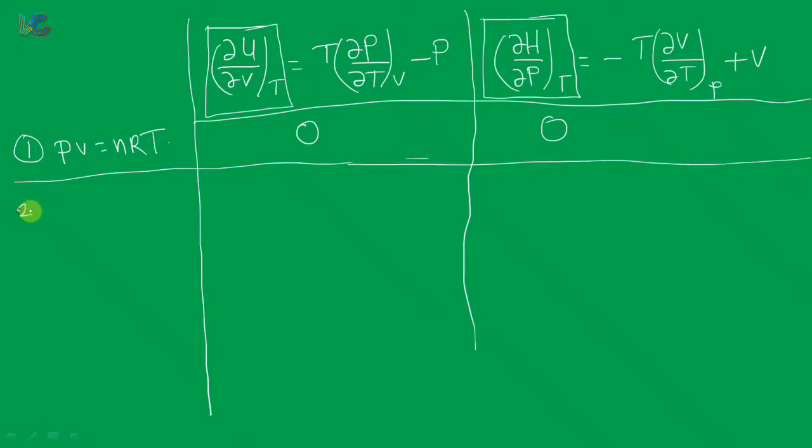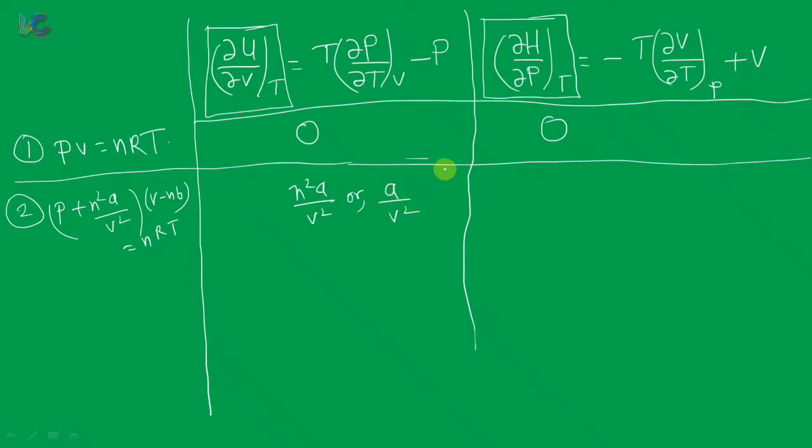Then for n moles of van der Waals gas, (P plus n square A by V square) into (V minus nB) is equal to nRT. For this gas, you will get del U del V at constant T equal to n square A by V square, or for 1 mole, it is A by V square.